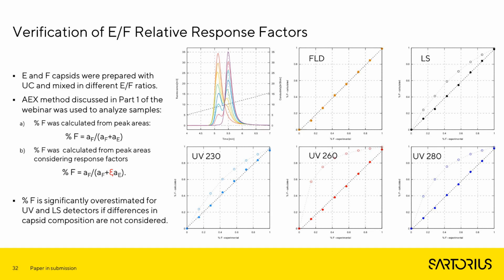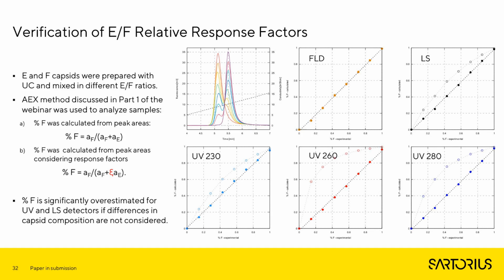When we obtained the chromatograms, we calculated the percentage of full capsids by using 2 approaches. One approach is the traditional one, where the area of full is divided by the total area under the chromatogram. And the second approach was the same formula, but it contained a response factor correction for the empties.